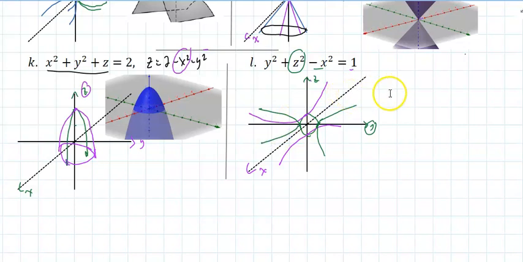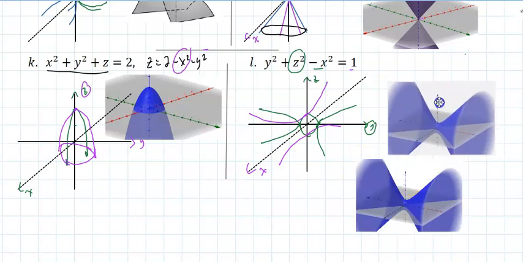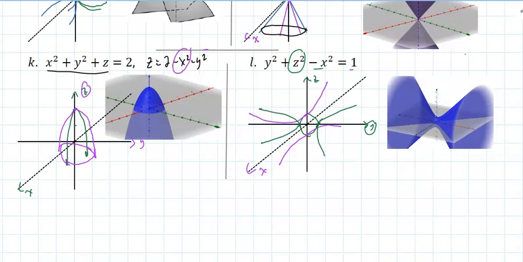I really messed up. Let me do it again. The graph looks something like this. A bit harder to see, but if you know what it looks like, then you could pretty much.